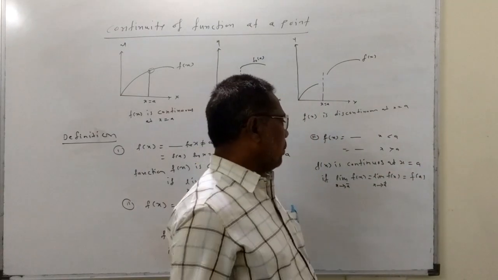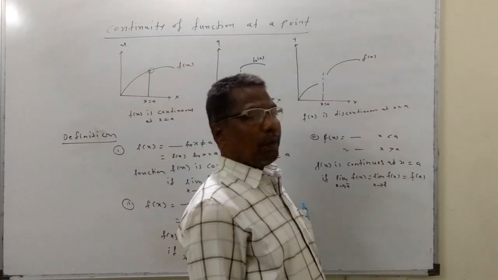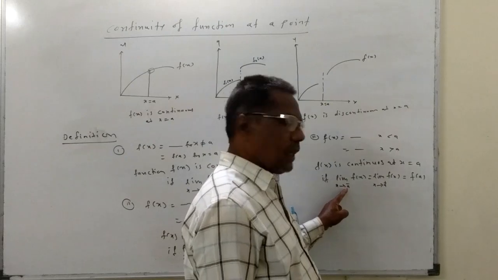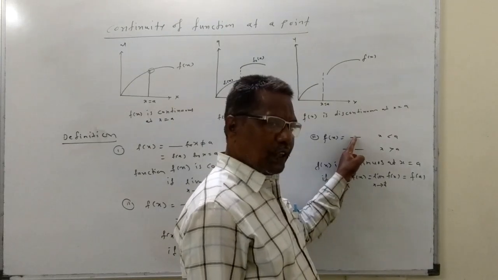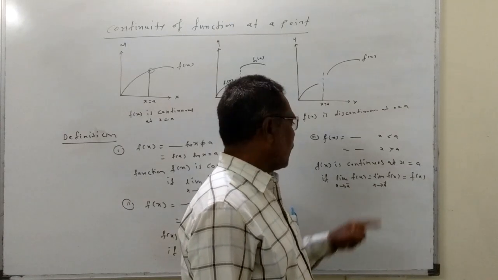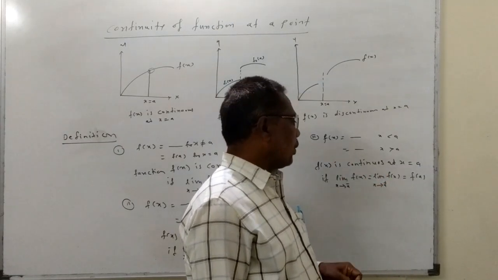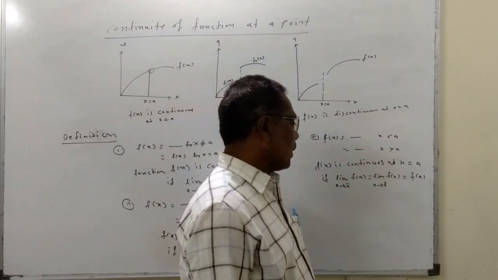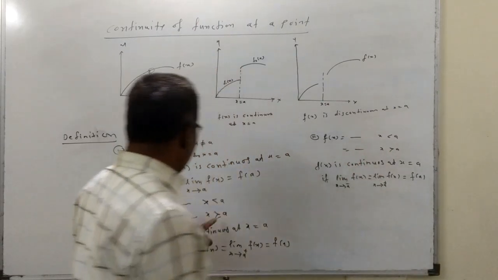Now the problem arises: how do we find f of a? For x tends to a minus, the left hand limit, we consider the equation defined for x less than a. For x tends to a plus, we consider the equation defined for x greater than a.